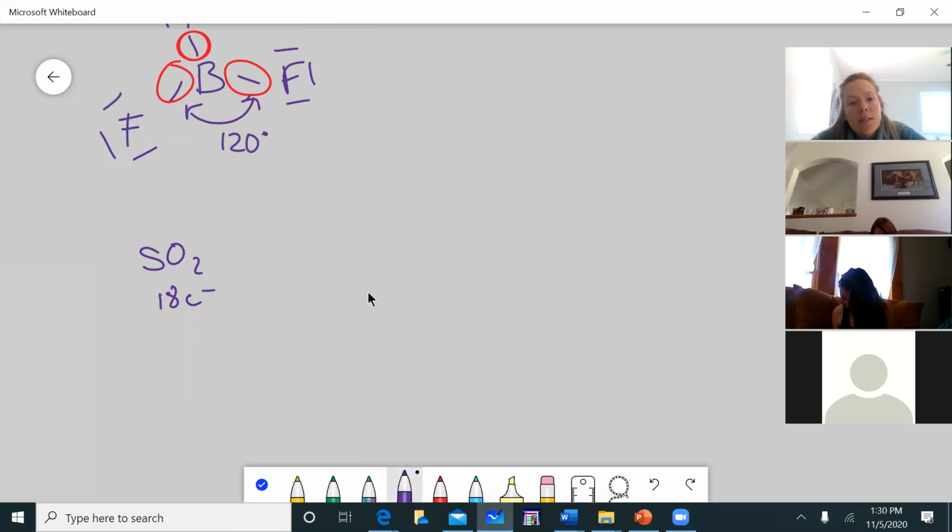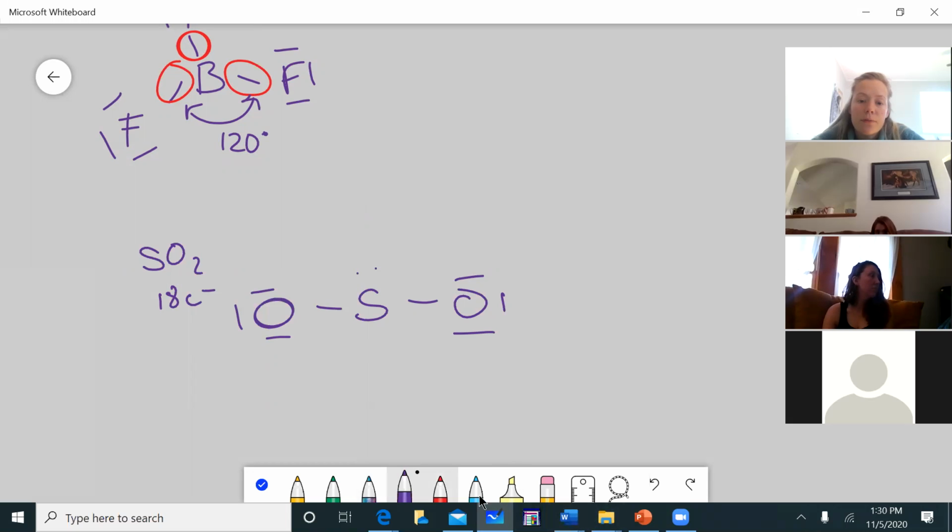I'm going to put sulfur in the center, 2 oxygens on the side, bond, bond, make the oxygen happy. I end up having 2 more electrons, and then I've got a double bond to sulfur. So I'll do it on this one. Could I have done it on the other oxygen instead of this oxygen? Yes, that makes this actually, in fact, a resonance structure as well.